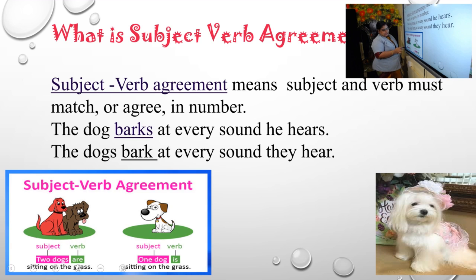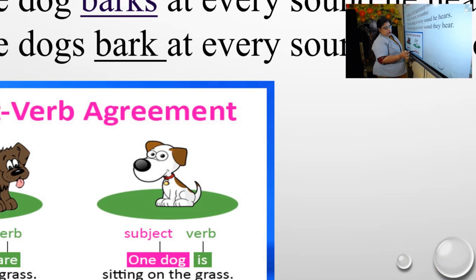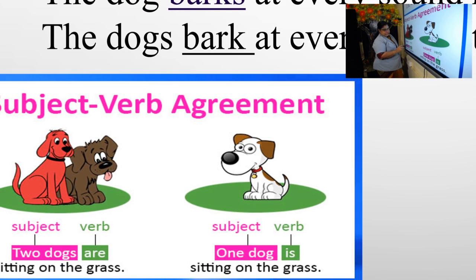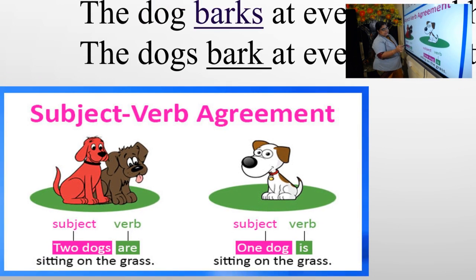When the subject is singular, what do you have written? Yes, the verb is also singular. One dog is sitting on the grass. Which is the subject here? One dog. Look at the verb, is. So the subject one dog is singular and the verb is singular. Here, two dogs, the subject is plural and the verb is plural.